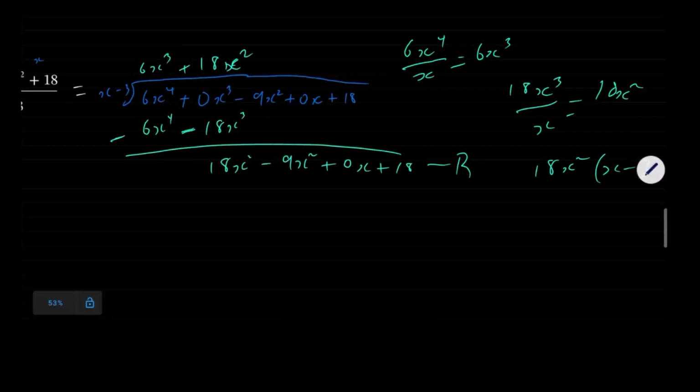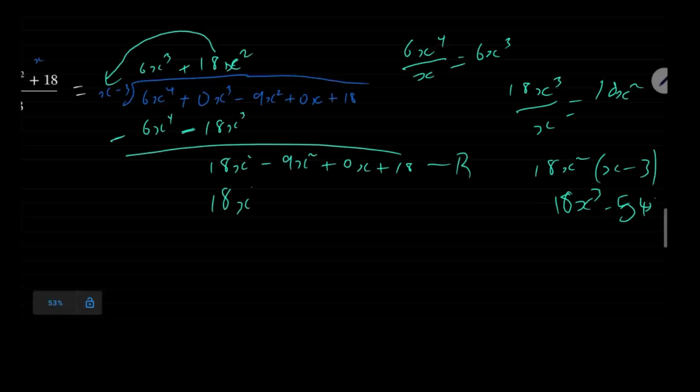We multiply all of them together. 18x squared times x gives us 18x cubed, because this is 1x, this is 2x, they become 3, and these can subtract each other.